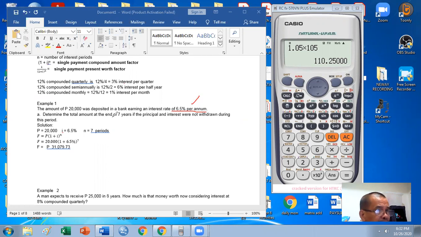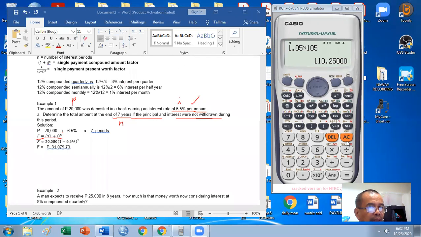Determine the total amount at the end of 7 years if the principal and interest were not withdrawn during this period. So ito yung P. Ito yung N. Ito yung I. So ang formula, F is P times 1 plus I to the N.